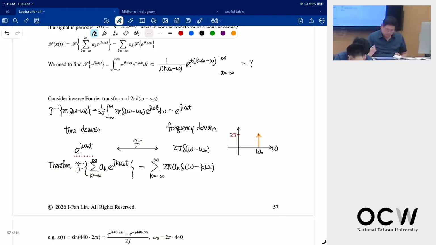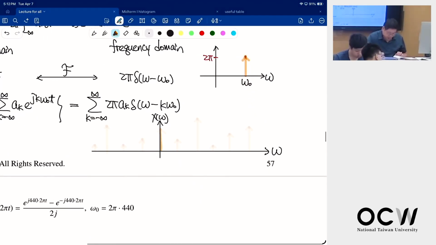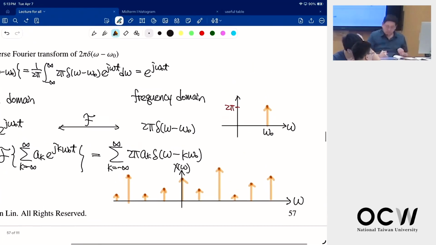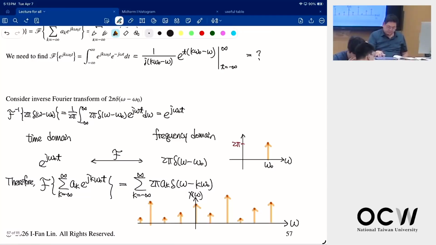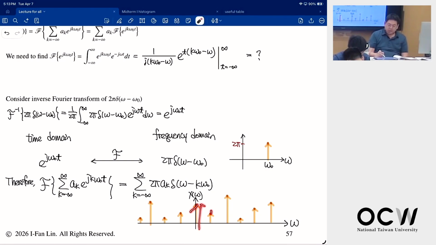And it looks like this, omega, and then this is X of omega. All right. So for the periodic signal, when we take the Fourier transform, it becomes a combination of impulses.